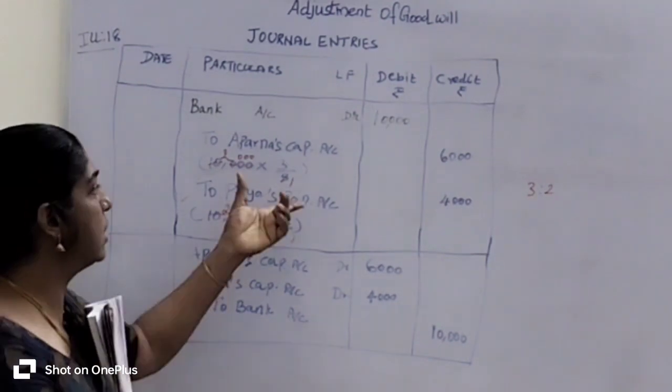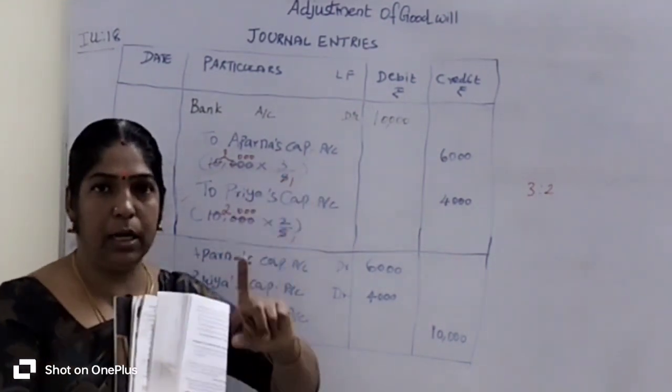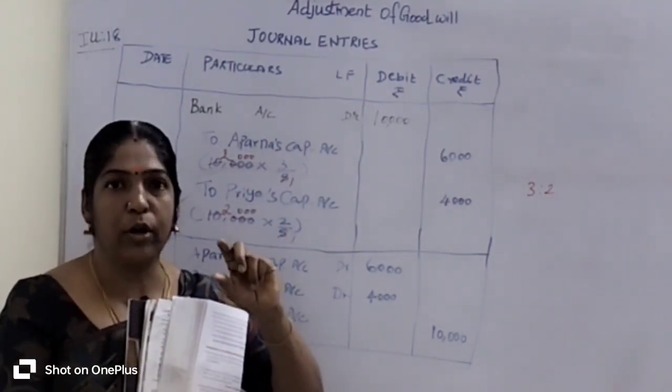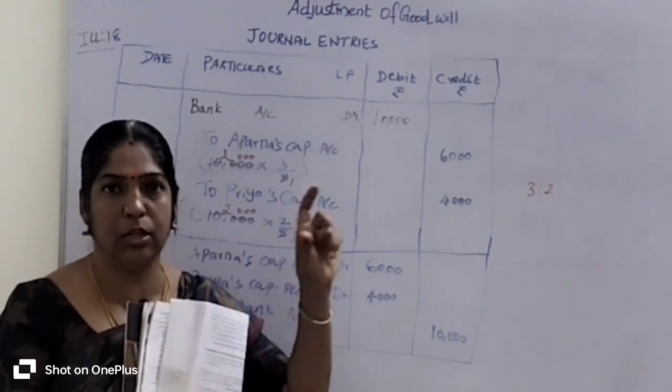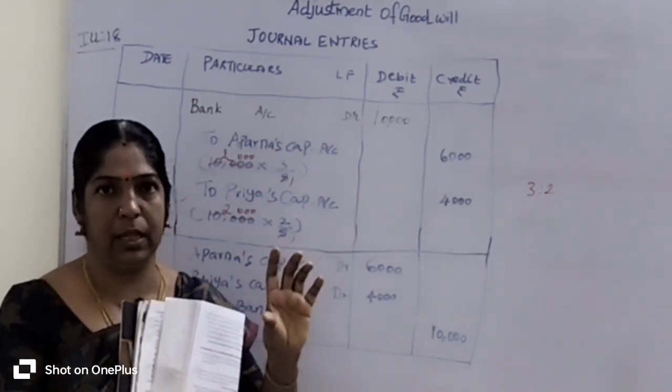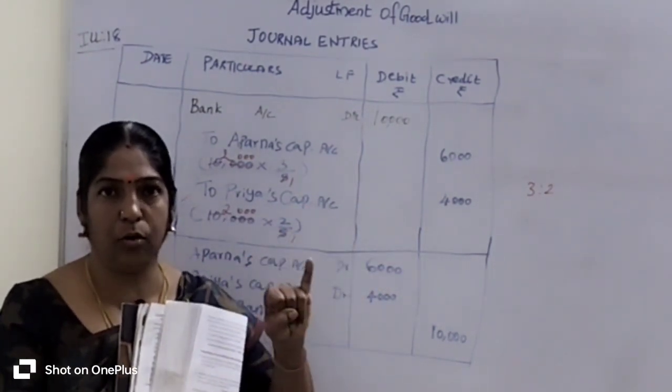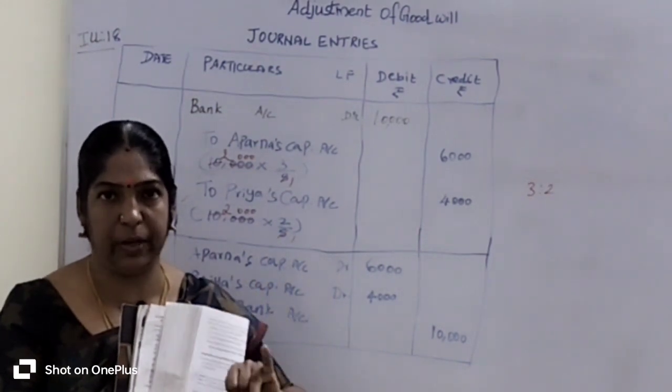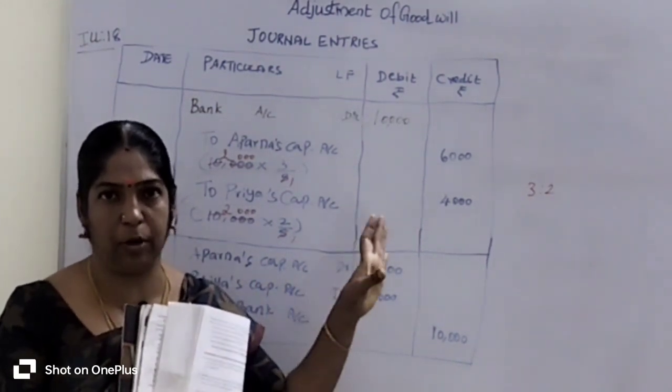So this is the first journal entry, only related to the new partner bringing cash of 10,000 rupees for goodwill. The journal entry is bank account debit to respective old partners' capital account.